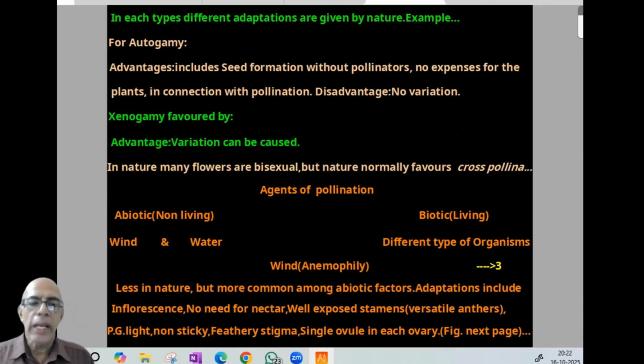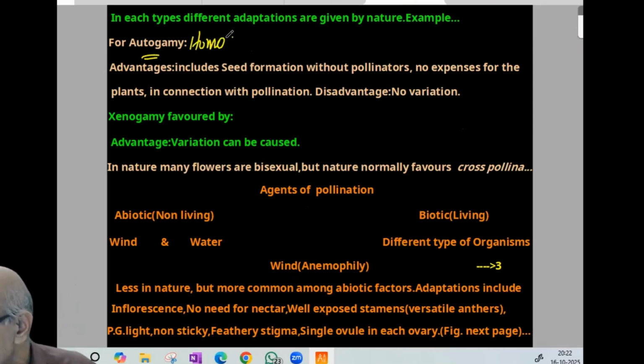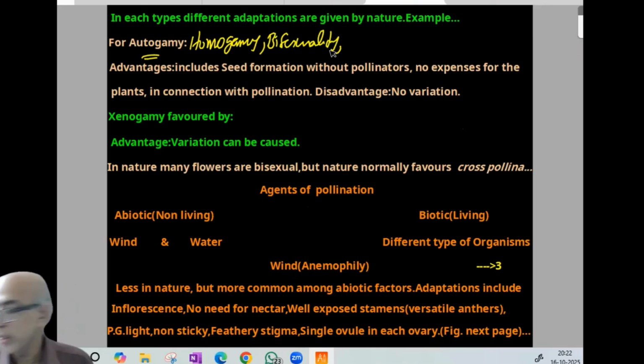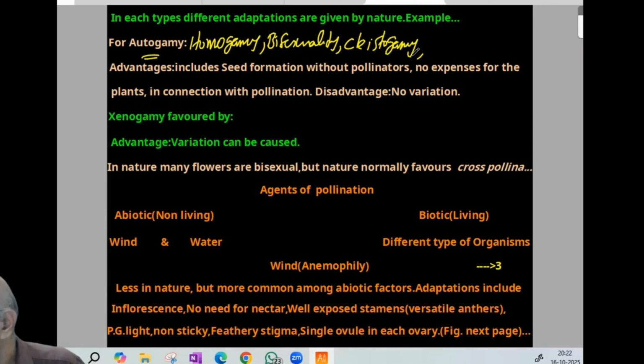In each type, adaptations are given by nature. For example, self-pollination is favored by certain features, cross-pollination by others. For autogamy, what are the common adaptations? Phenomena like homogamy. Another is bisexuality: within the same flower, both sexes. Then third is cleistogamy, where the flower never opens, so the only possibility is self-pollination, bud pollination.